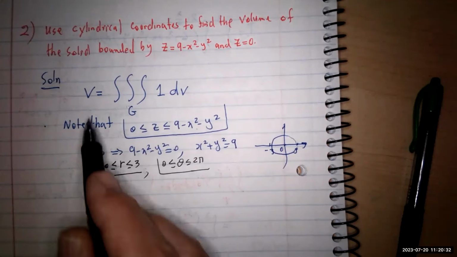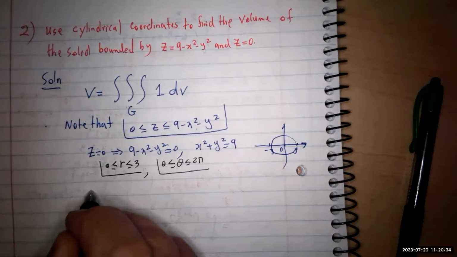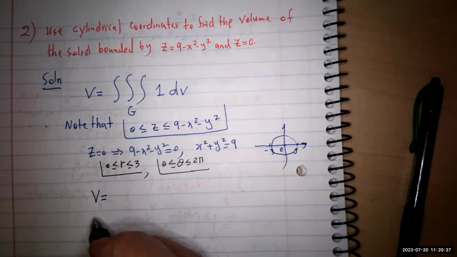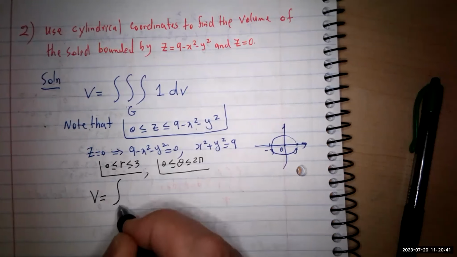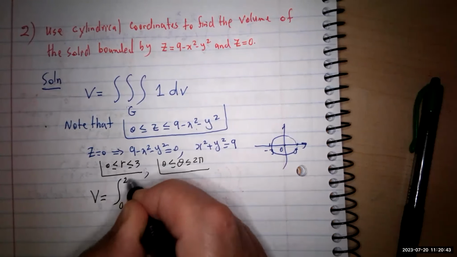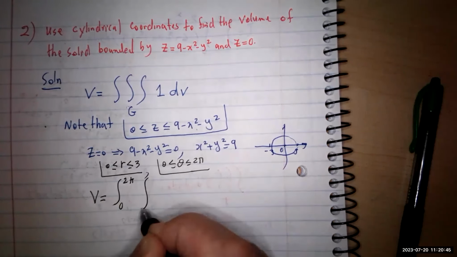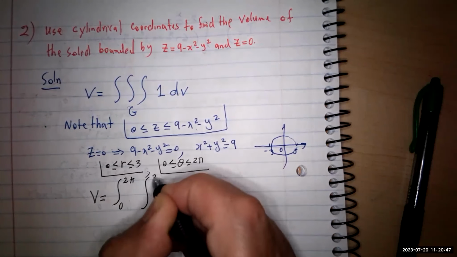So the cylindrical coordinate form of this triple integral is V equal to, the function is 1. We go last with theta, from 0 to 2 pi. In the middle, we go with r, 0 to 3.